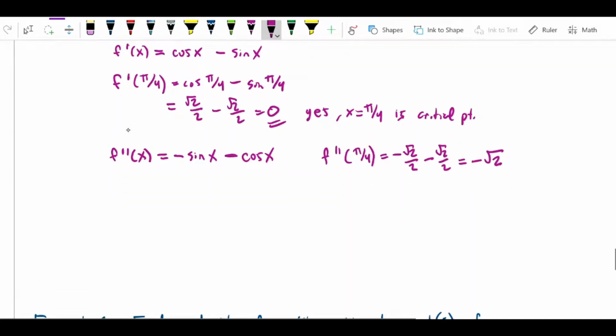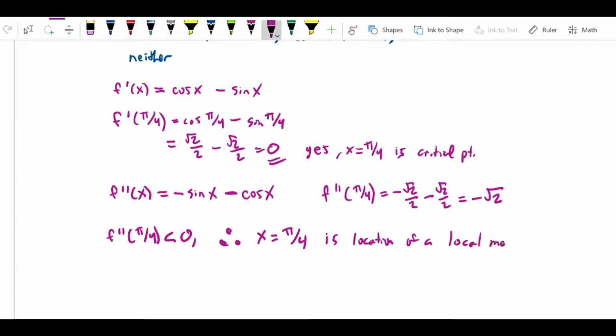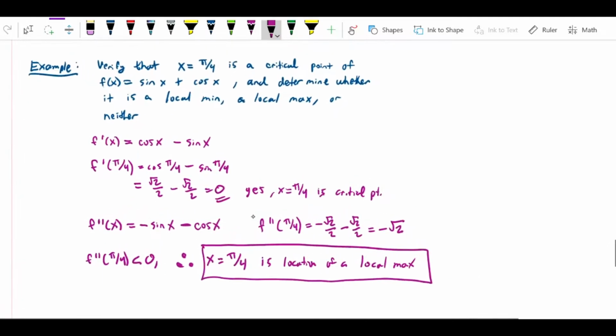And what that means is that we can conclude that since f double prime of pi over 4 is negative, therefore, x equals pi over 4 is the location of a local max. And we don't have to do an analysis on the intervals to the left and right of that point, because it's enough to just evaluate the second derivative at that point. So there's one example.